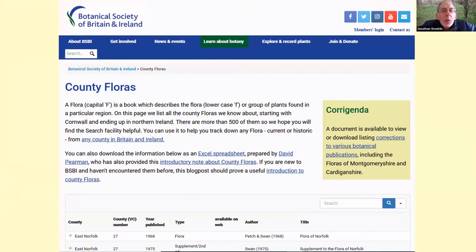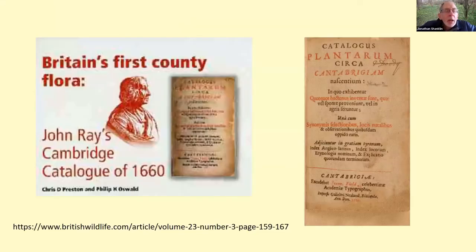These are available in a variety of different forms. We'll just have a look at a few of them, starting with Cambridgeshire, because Cambridgeshire perhaps has the longest history of county floras, beginning in the 17th century.